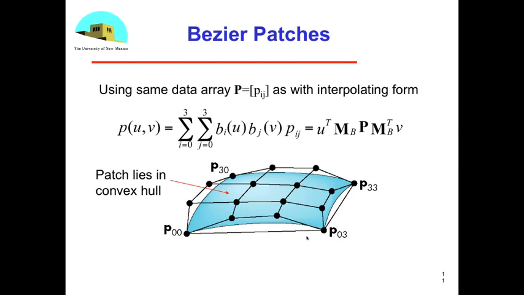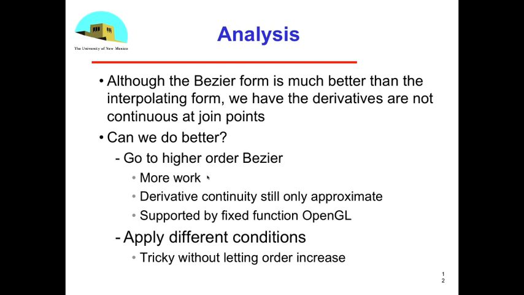So these patches don't really have first derivative continuity in U and V, but they're fairly close, and we'll see with splines we can get a little better than that, actually much better than that. So you're coming close, but you're much better off than you were with the other forms. So you really don't have quite the derivative continuity that you'd like.